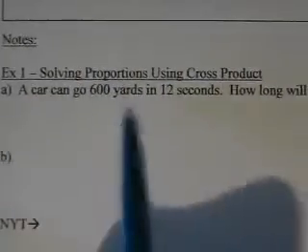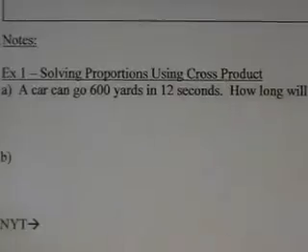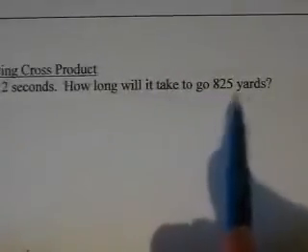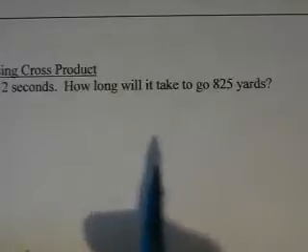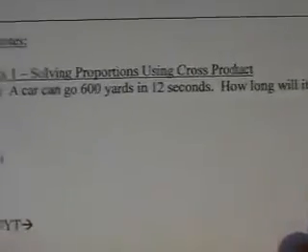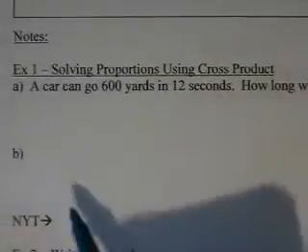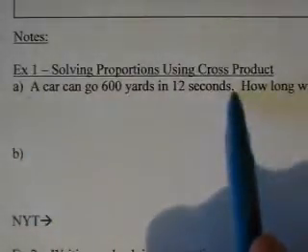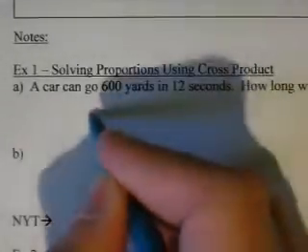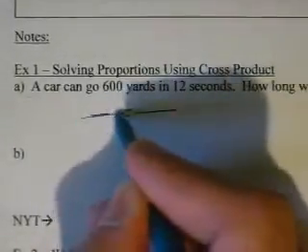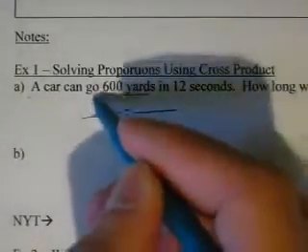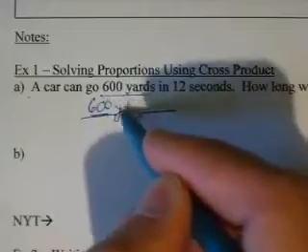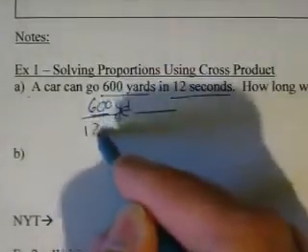It says here, a car can go 600 yards in 12 seconds. How long will it take to go 825 yards? Well, one cool thing about proportions is every problem is almost set up the same. You get the first sentence, which usually has everything you need for the first part of your proportion. So here I see 600 yards in 12 seconds.